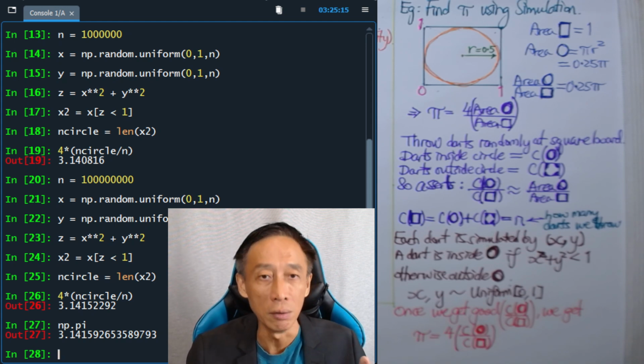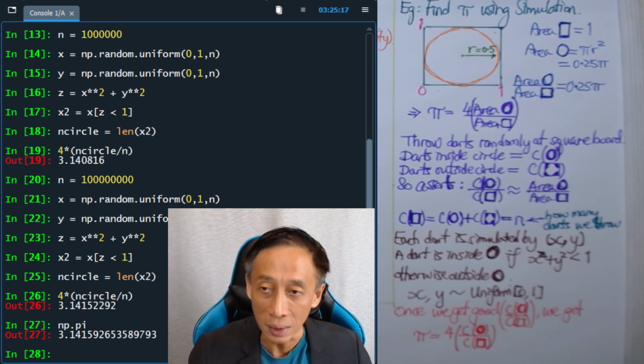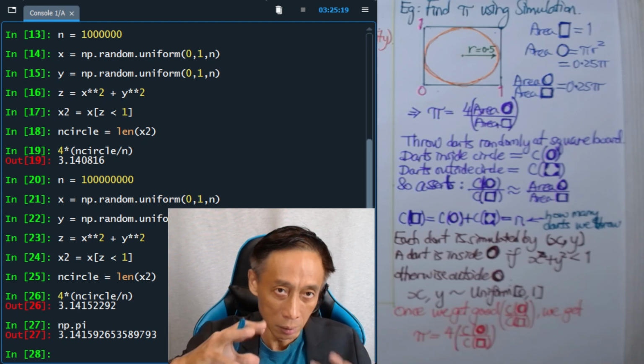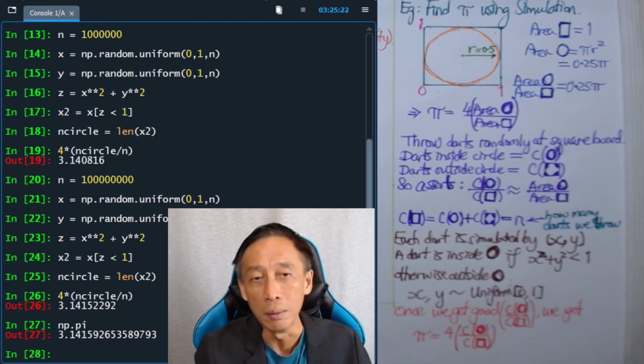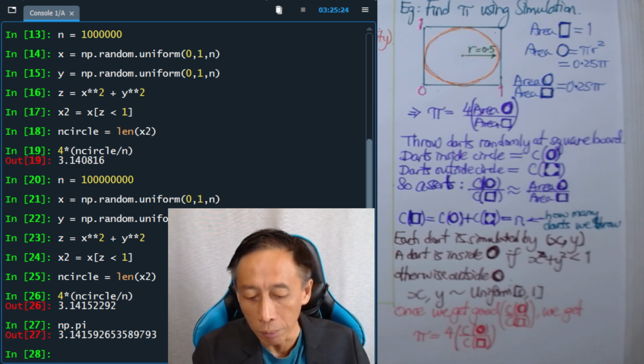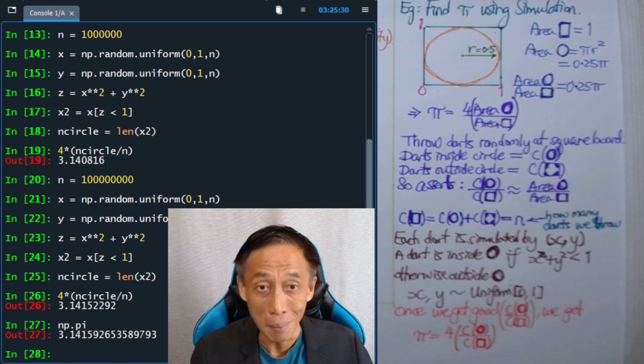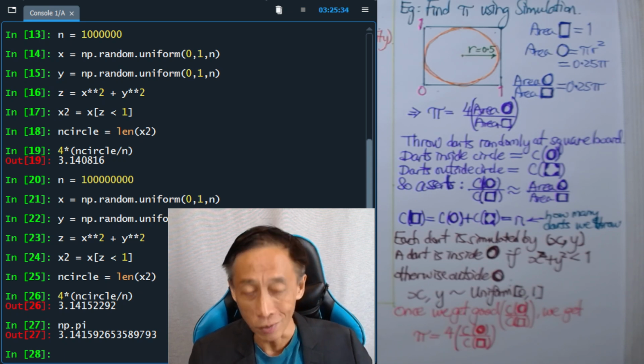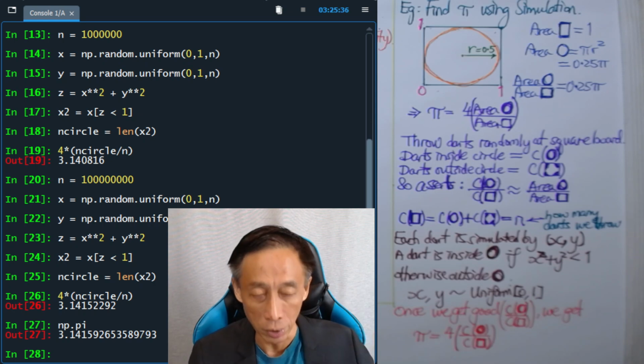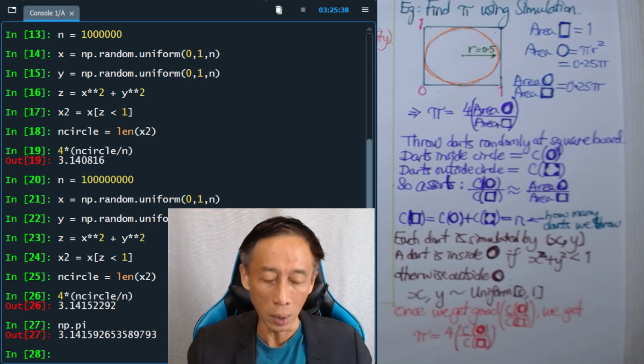Now, of course, I didn't really write the program, but all my statements here can be codified and put as a program. And then this program will be implementing the simple rules 100 million times and then getting the systemic macro behavior of this, which is the ratio of darts inside the circle to the darts in the unit square itself.